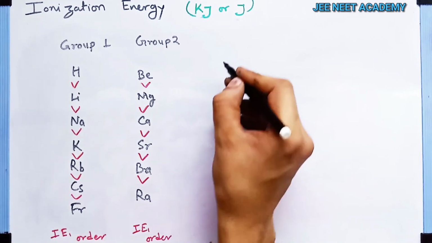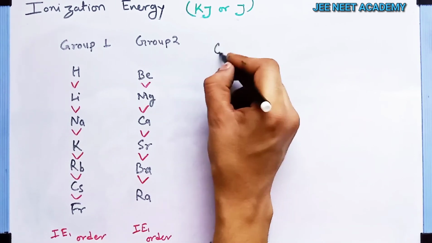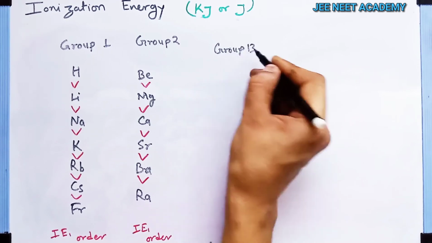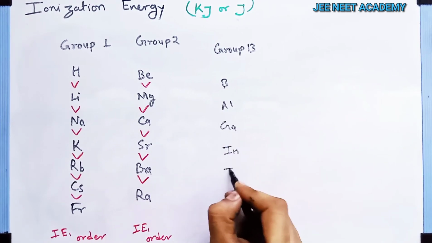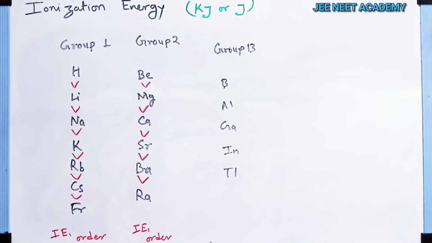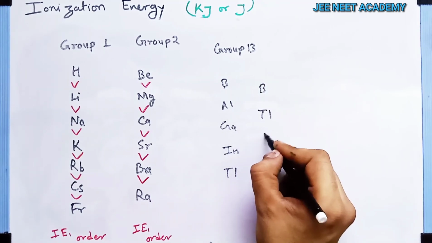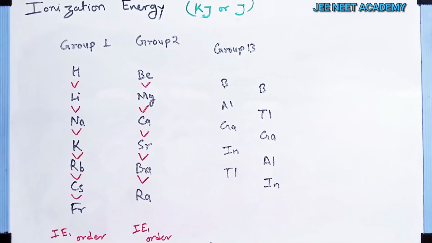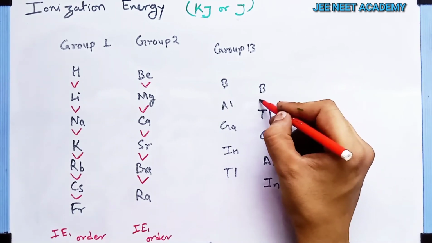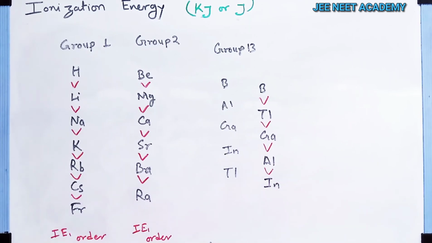P block elements, group 13. This is the order in the periodic table from top to bottom, but the ionization energy order will be: boron will have the highest, then thallium, then gallium, then aluminum, then indium.